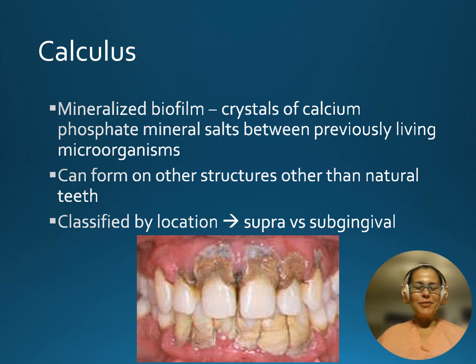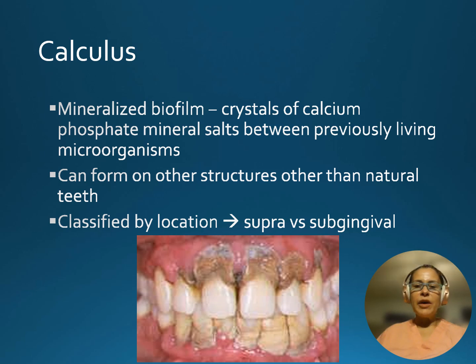So this is biofilm 201, calculus. So what we have is mineralized biofilm. And the factor here and our variable is time and removal. Okay? So in order for the calculus to occur, we have to have the neglect of the removal of biofilm.